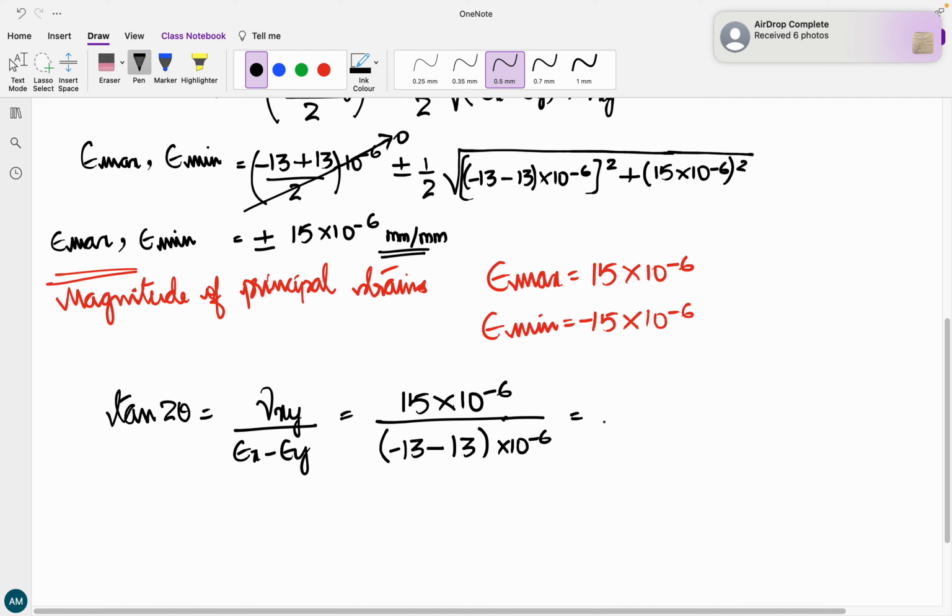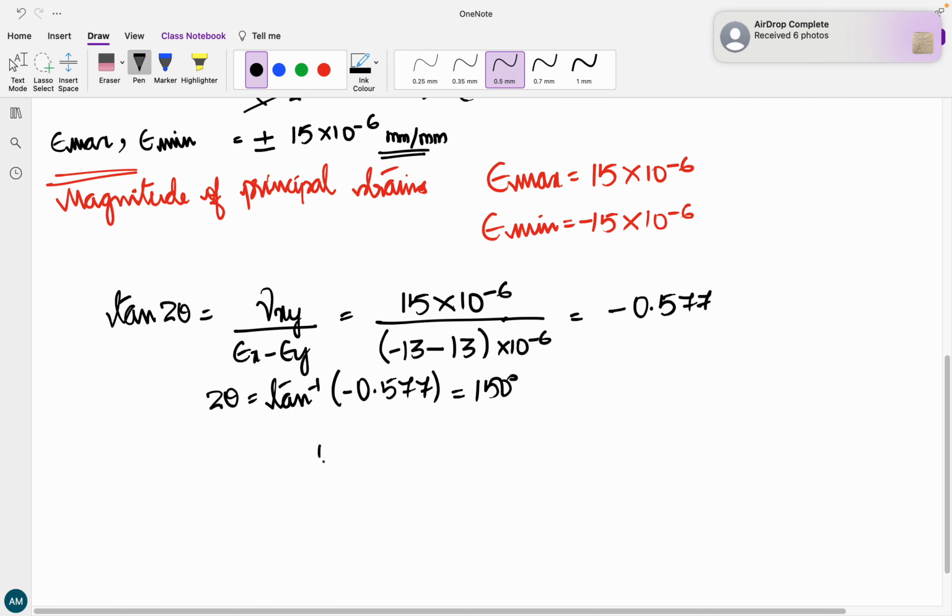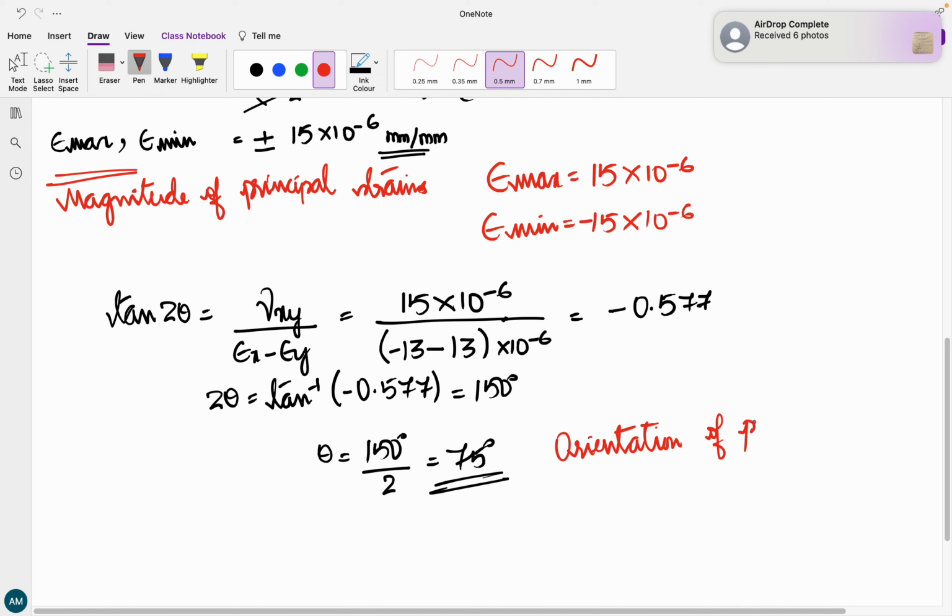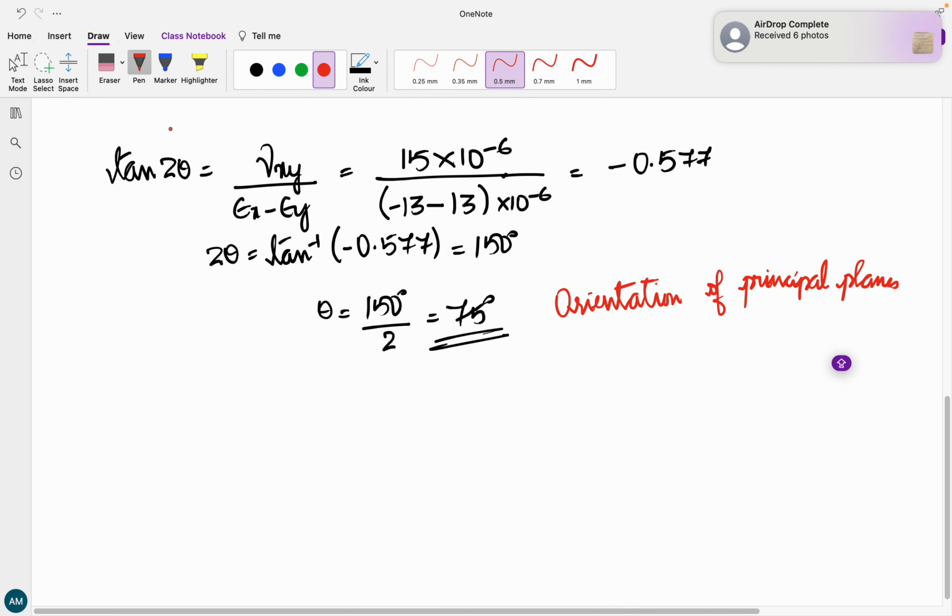If you solve this, you will be getting a value of minus 0.577, or 2 theta is tan inverse of minus 0.577, that is nothing but 150 degrees, or theta is 150 degrees by 2, that is 75 degrees. Hence, we have found out the orientation of the principal planes.